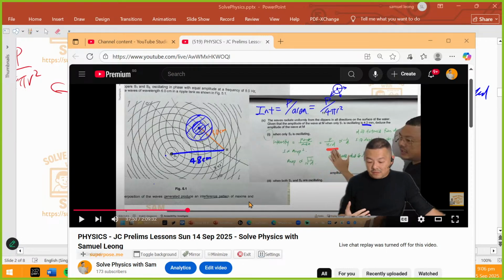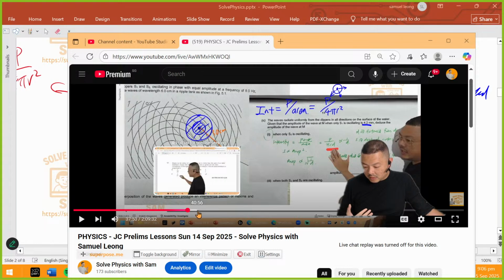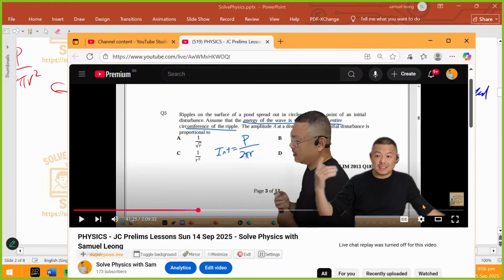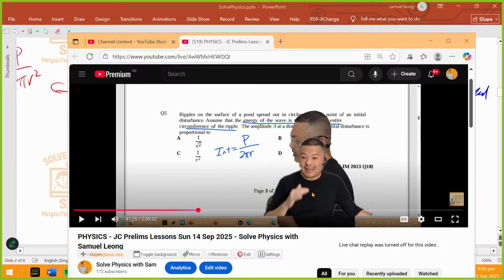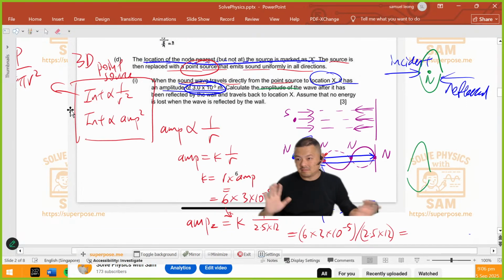So therefore I tell you that if anything, this particular concept here is that power is concentrated on the circumference. And there's only two versions, circumference and 3D. That's pretty much all the two possible scenarios.